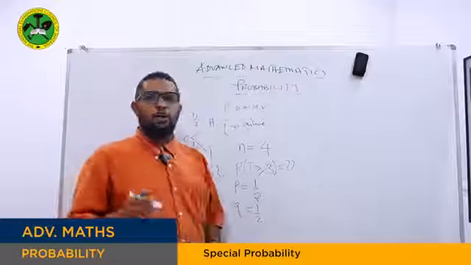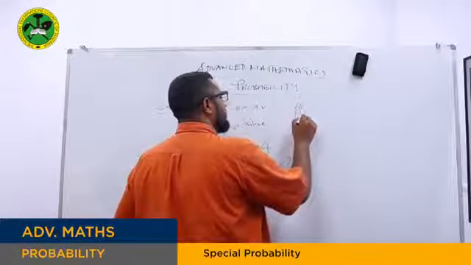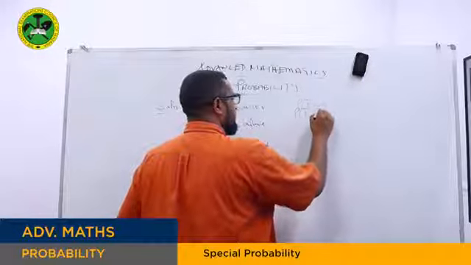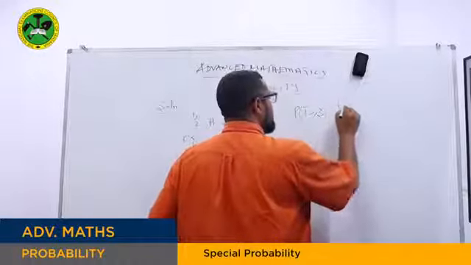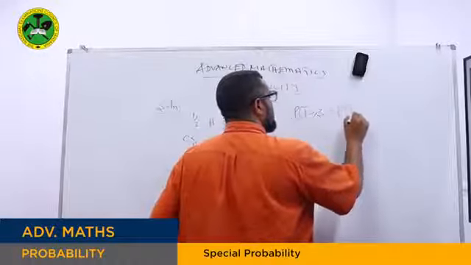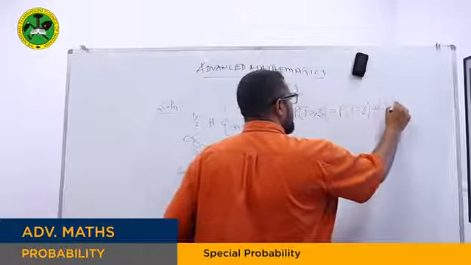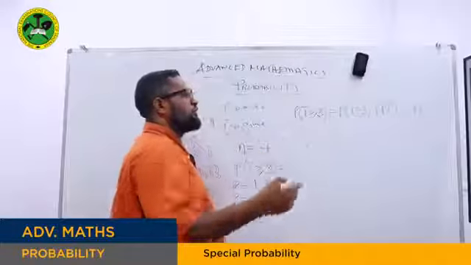Now it's time to rewrite the formula for finding probability. So the probability of tail greater than or equal to 3 is obtained by taking the probability when tail equals 3, plus the probability when tail equals 4, because we are given the number of trials, which is 4 times.